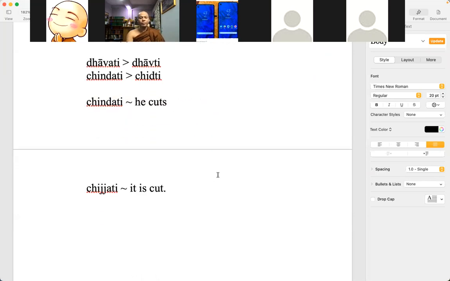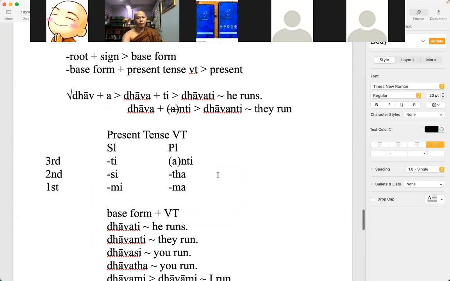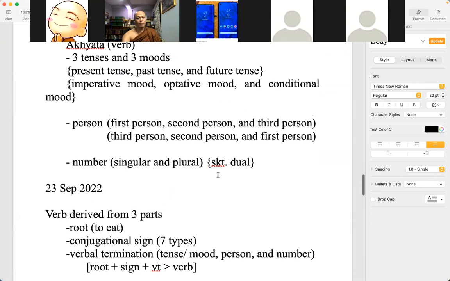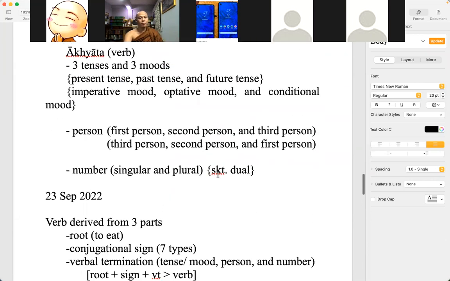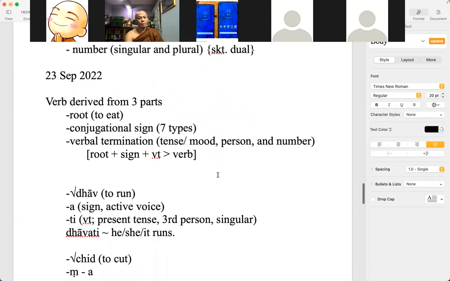Which one? The conjugational sign, the function of it. Active. Yeah. I'm not talking about that particular sign, I'm talking in general about the conjugational sign. It explains to us, first of all, that the purpose is to make it easier for people to pronounce in terms of phonetics, that is pronunciation.